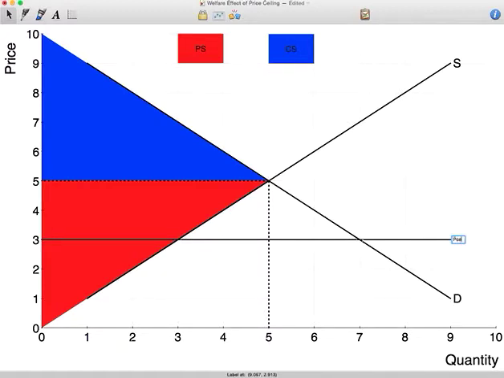And let me just say P ceiling. And let me make that a little bit bigger so that you can see it. And I should probably also, wow, look at that.